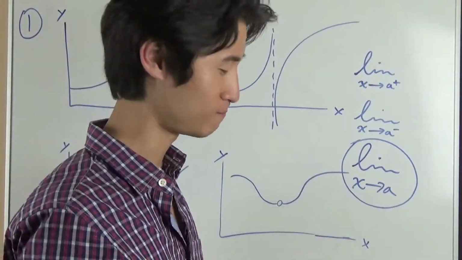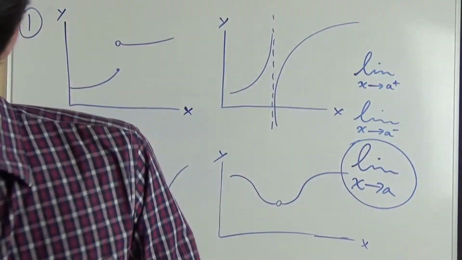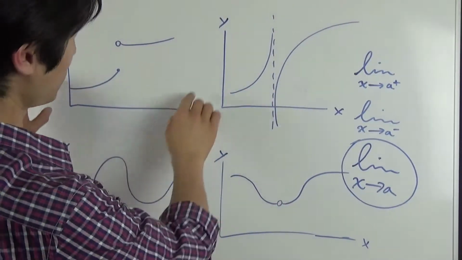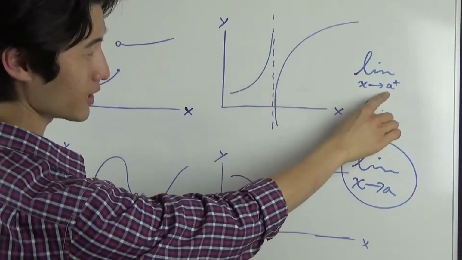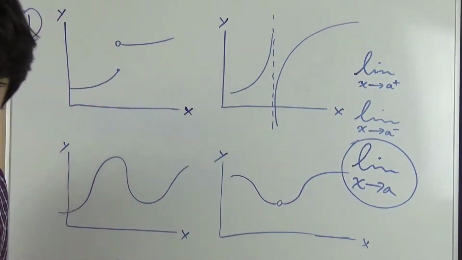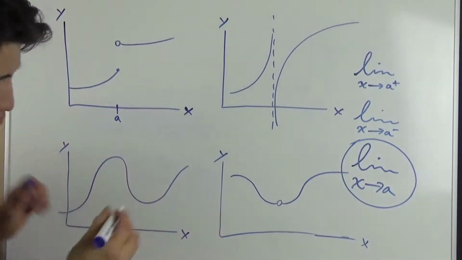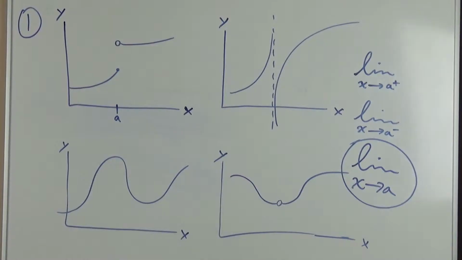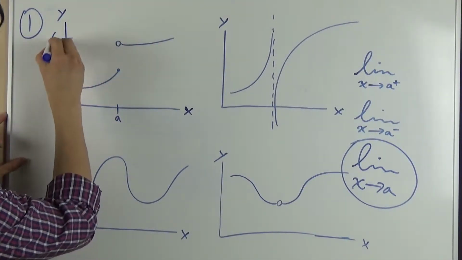I'm going to use my fingers to explain this part for you guys. So let's look at this guy over here. In this case we're coming from the right, and let's say this value right here is a. And let's call this guy 3 and this guy is 6.